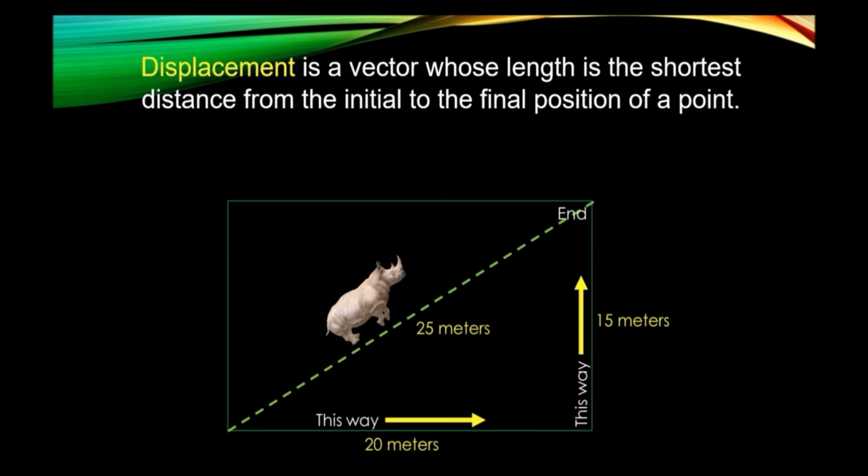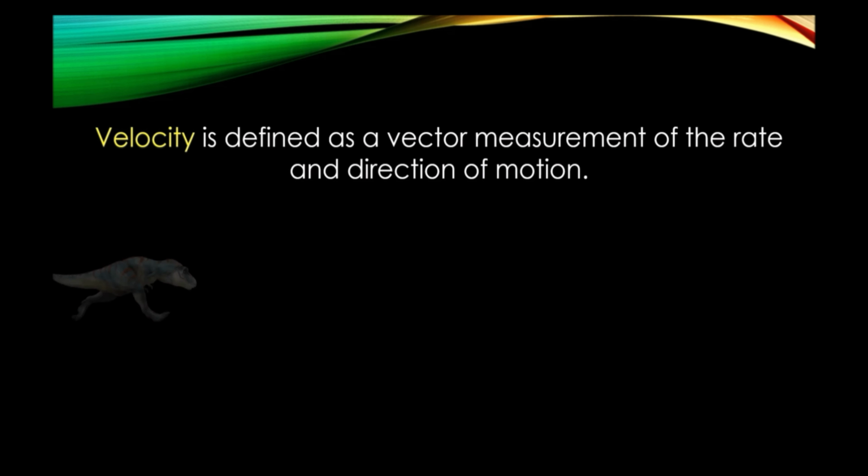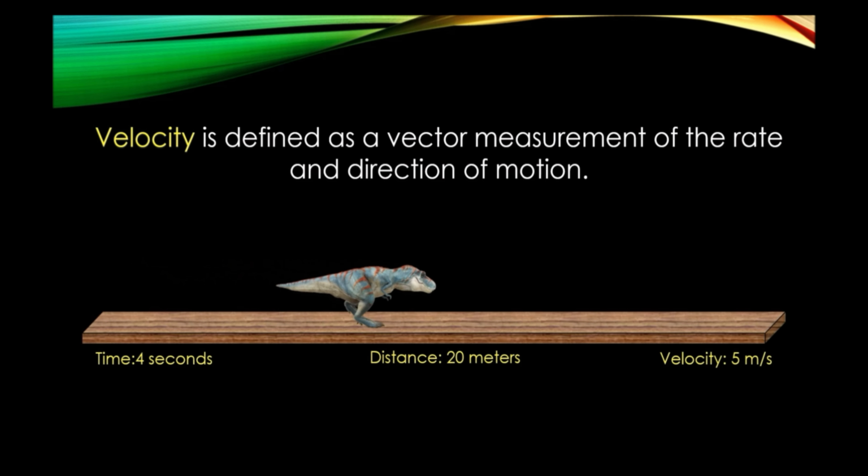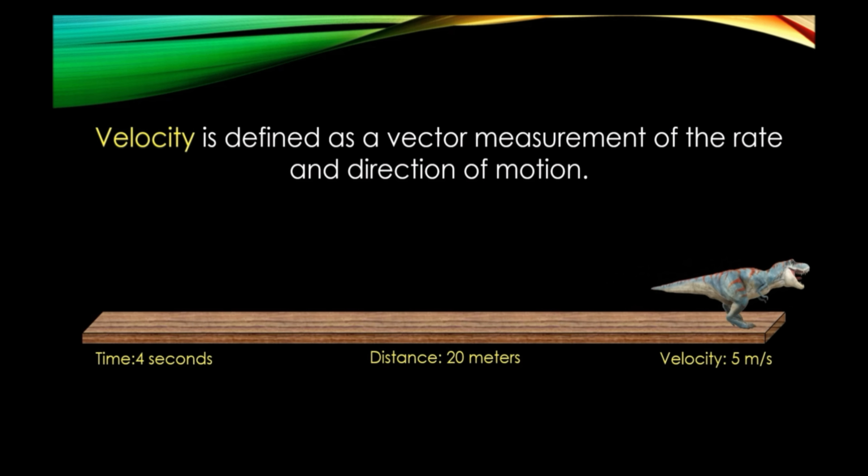Displacement is a vector whose length is the shortest distance from the initial to the final position of a point. It is the shortest distance from the initial position of a moving object to its final position. Velocity is defined as a vector measurement of the rate and direction of motion. Example, the dinosaur runs at 5 meters per second.